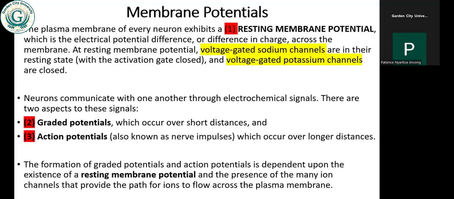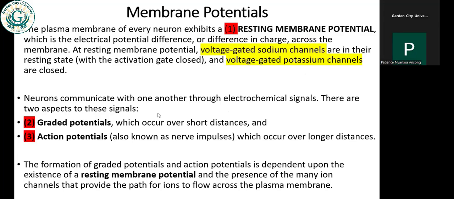You can talk of calcium ions, a lot of calcium outside than inside. You can talk of chloride, a lot of chloride outside than inside. So we have different ions in different concentrations, and that creates a difference in charge across the cell membrane. That gives a membrane potential.